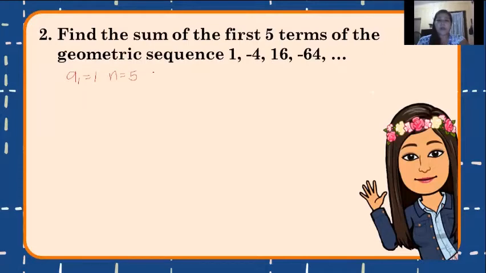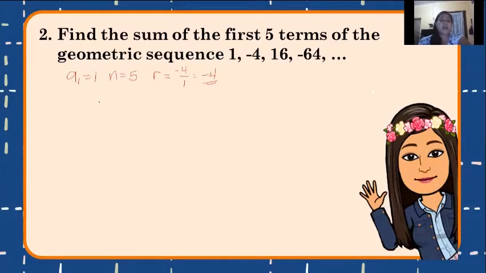For our ratio, -4 divided by 1 is -4, and 16 divided by -4 will also arrive at -4. So our ratio will be -4, which is a negative number.